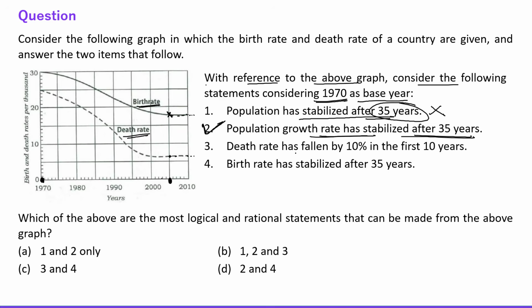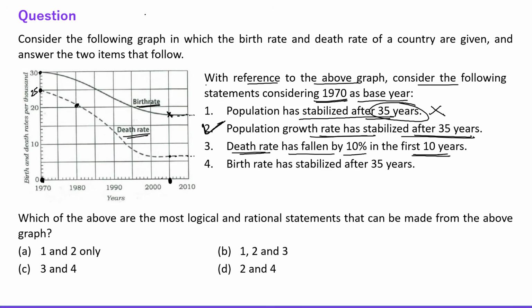Next option: death rate has fallen by 10% in the first 10 years. If I talk about 1970, the death rate was almost 25. The first 10 years will be 1980, and the death rate there is slightly more than 20.